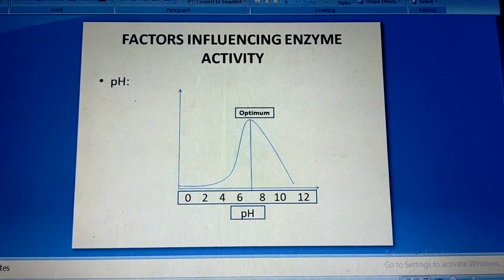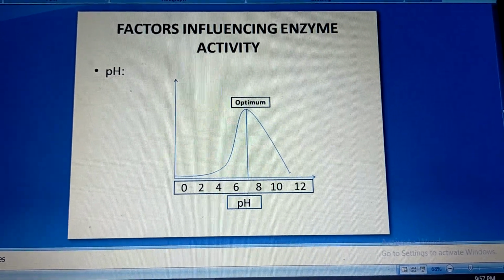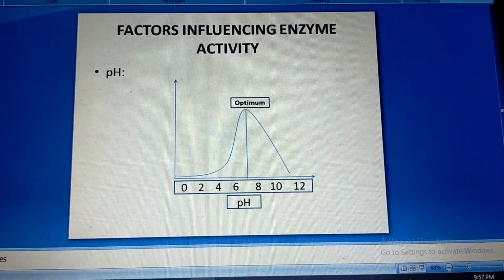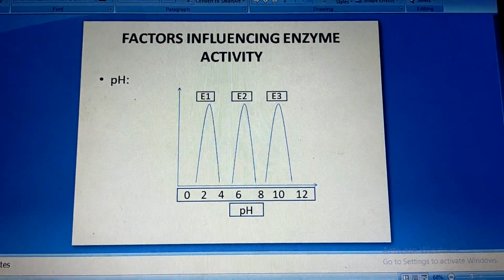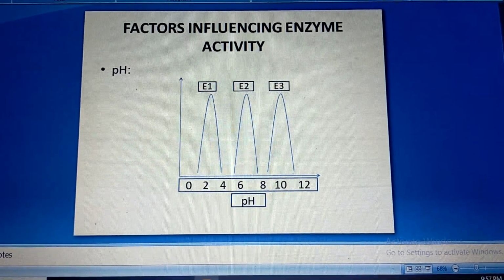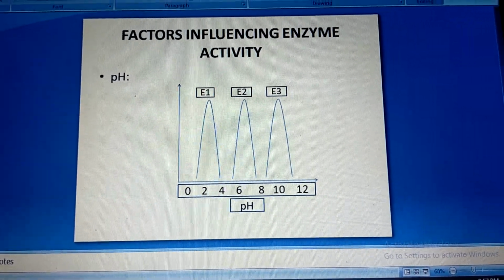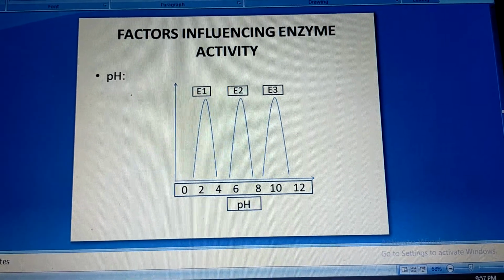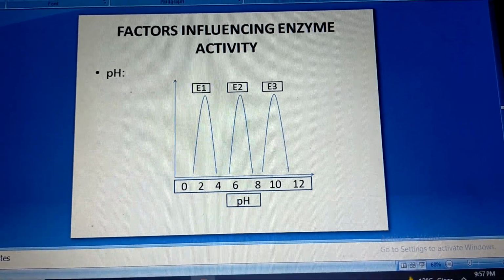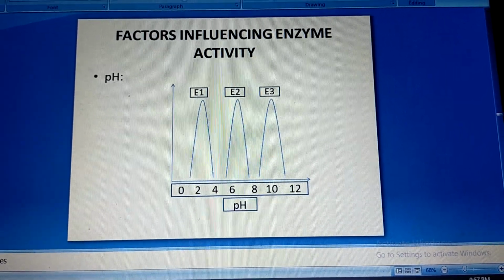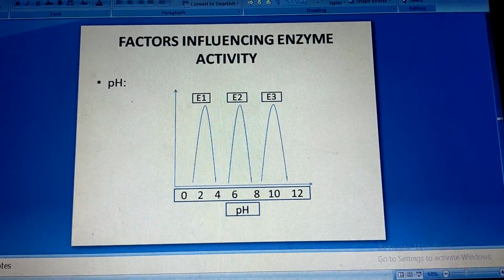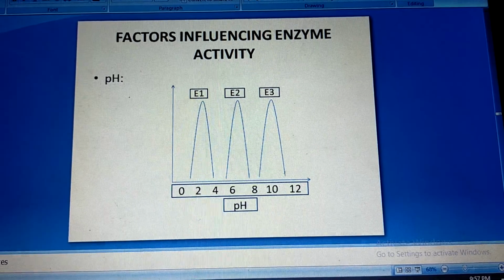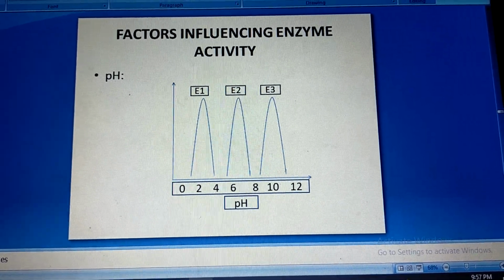Majority of our body enzymes have optimum pH around 7, but there are some enzymes like acid phosphatase which has optimum pH in the acidic range, and alkaline phosphatase which has optimum pH in the alkaline range. So this graph shows various peaks of various enzymes at different pH.